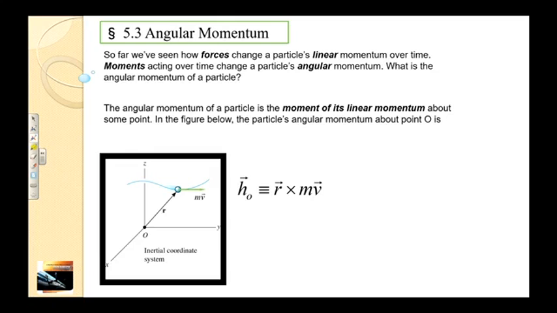And we had an impulse, which we said was the integral of force with respect to time. Our angular momentum, we want to define that as the moment of linear momentum. So, the moment of linear momentum.